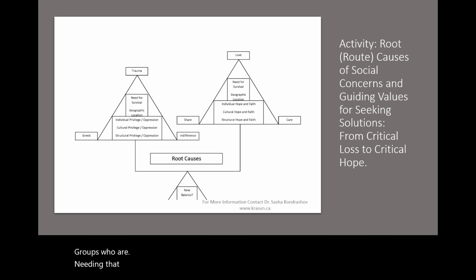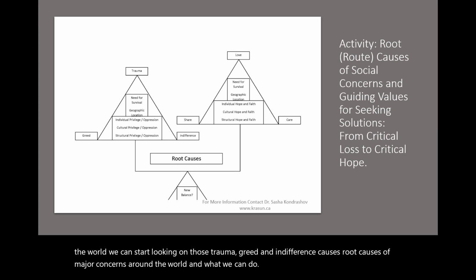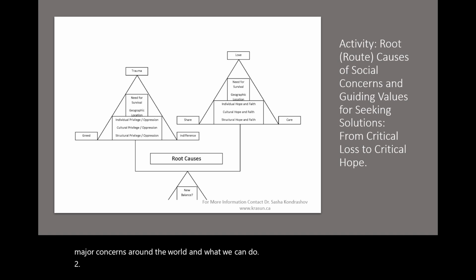If we think about this as child soldiers or any other concerns in the world, we can start looking at those trauma, greed, and indifference causes, root causes of major concerns around the world, and what we can do to challenge those root causes.